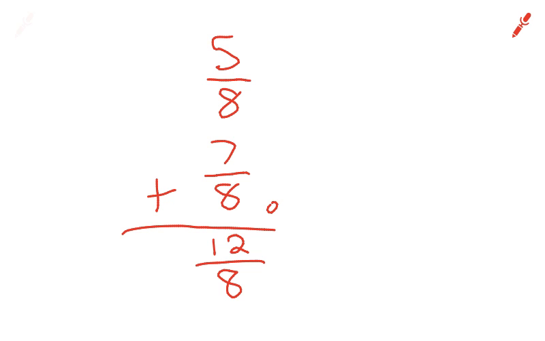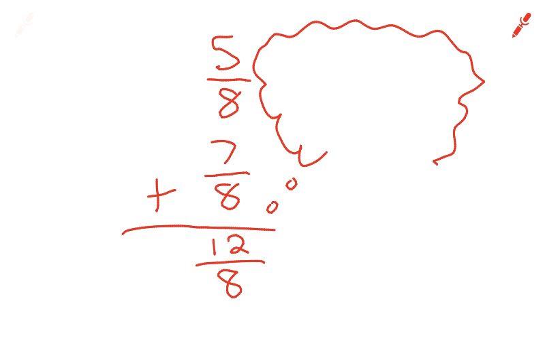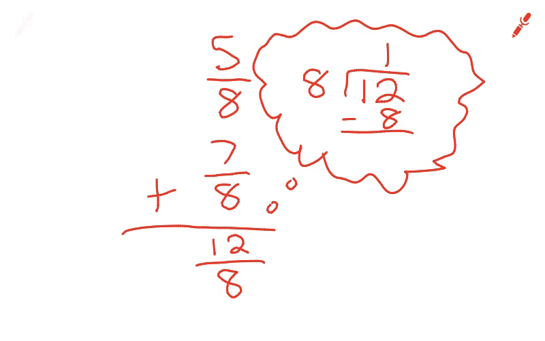So we need to think, how many times does our bottom number go into the top number? How many times does 8 go into 12? 8 goes into 12 1 time with the remainder of 4, but we don't write R4. We write a fraction with the 4 being on top and then the 8 going on the bottom.